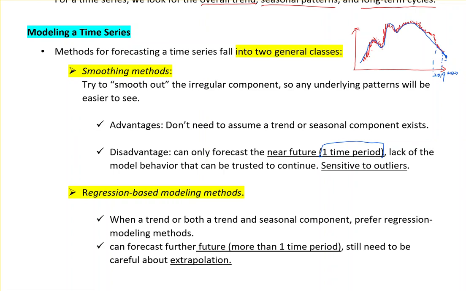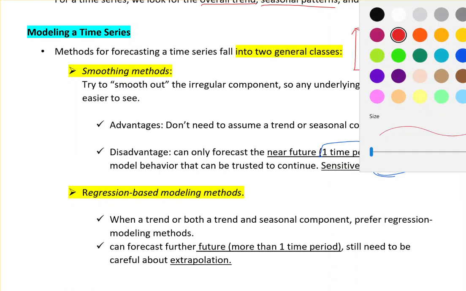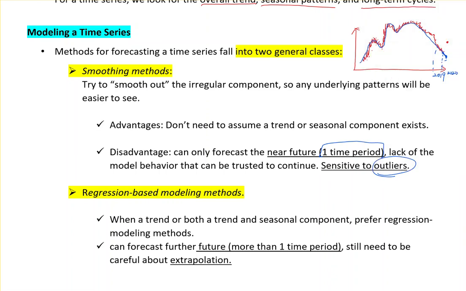And also, the most important is that it is very sensitive to outliers. For example, if I have another point, like here, an outlier, then when I connect the points to this outlier, the line will go up.